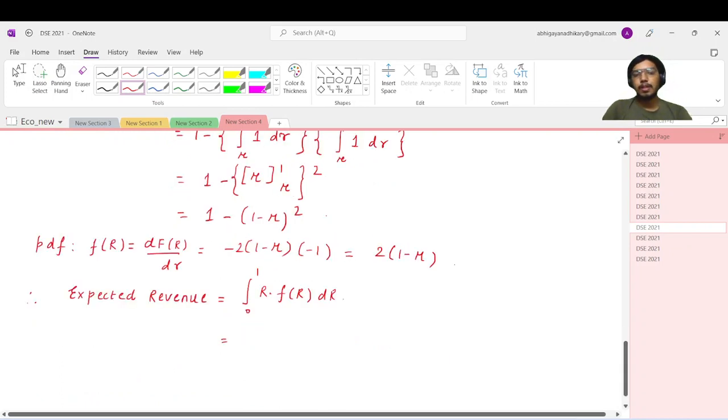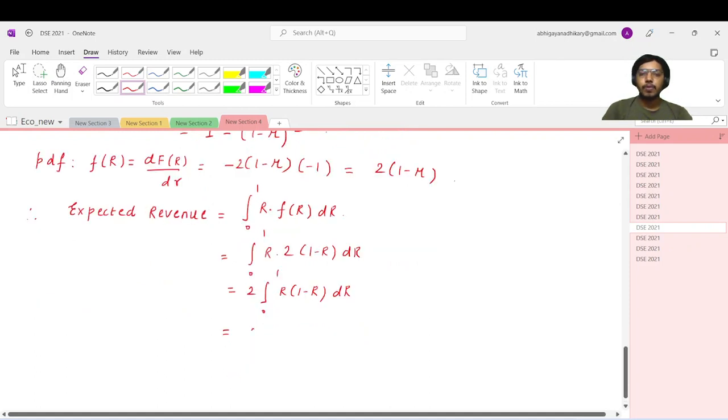So this will be basically integral 0 to 1 of r times 2 into (1 minus r) dr. So 2 taken out, r into (1 minus r) dr. So this will be integral 0 to 1 of r minus r squared dr. If we complete the integration, this is r squared by 2 minus r cubed by 3, from 0 to 1.